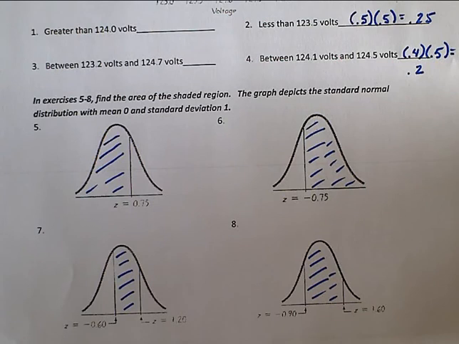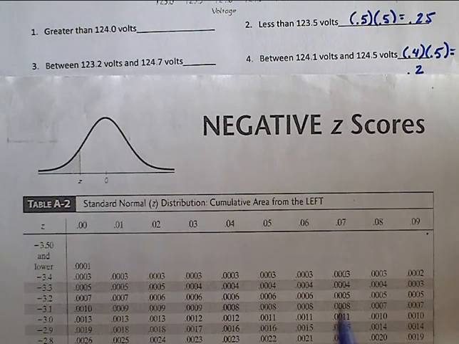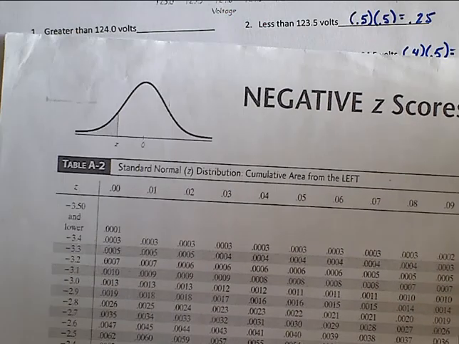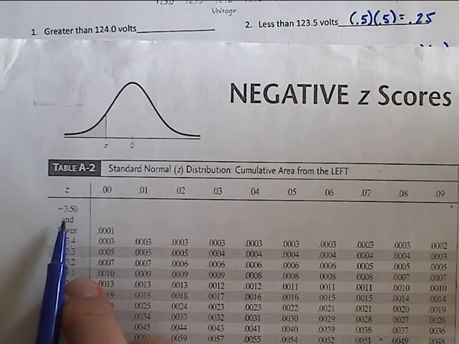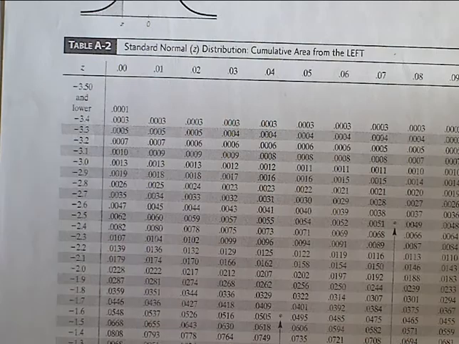That table is a table of z-scores. Now you have negative z-scores on the front side. That should be the front side. You can see it starts at negative 3.5, and then it goes all the way up till 0.0.